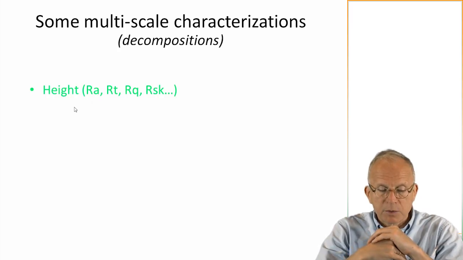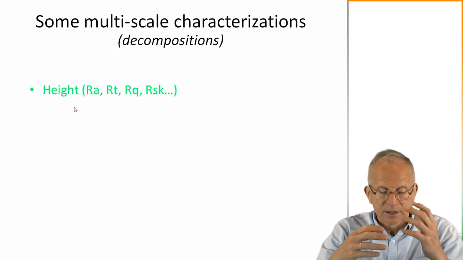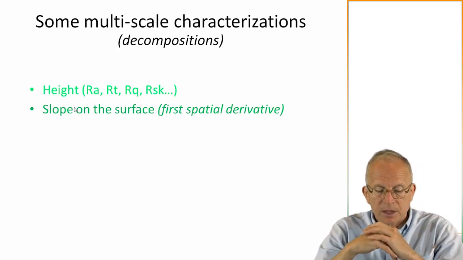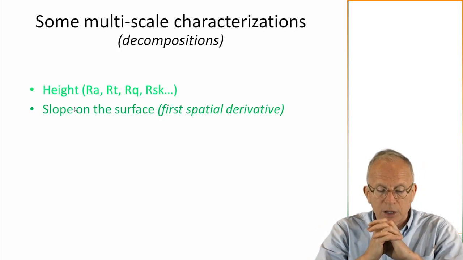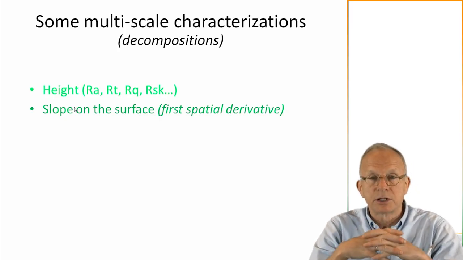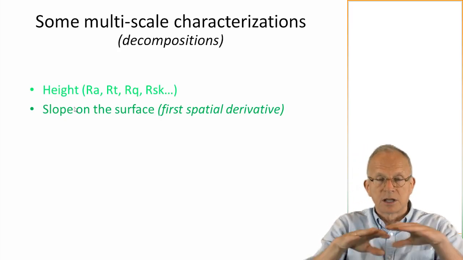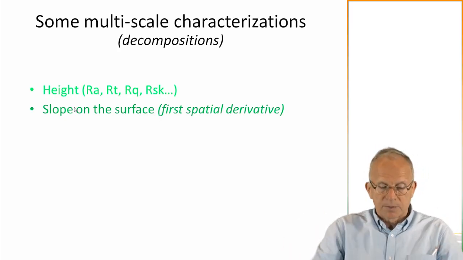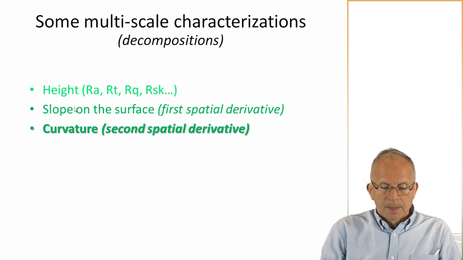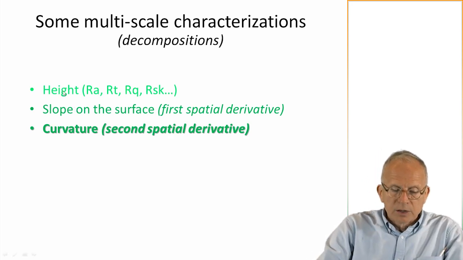So we have height, and that's fairly monoscale. But then we can take the first derivative, and that can be the slope. Now the slope is going to change with scale. At large scales, we tend not to see any slope, and if we look at the very fine scales, we can see more ups and downs. And note that the height parameters lack any spatial information.